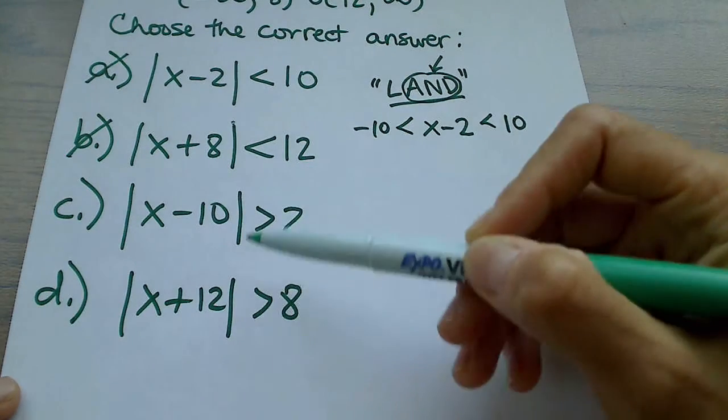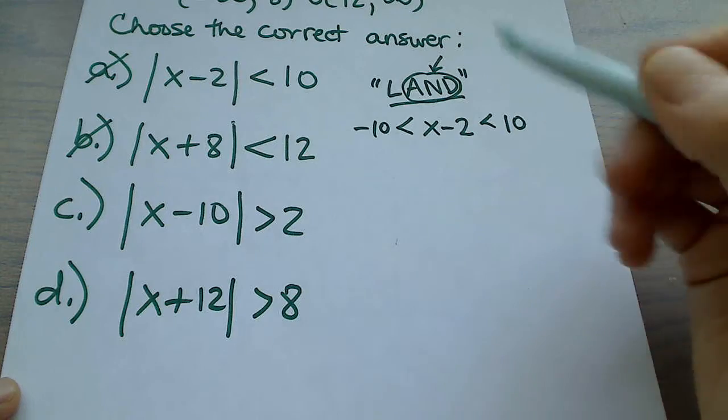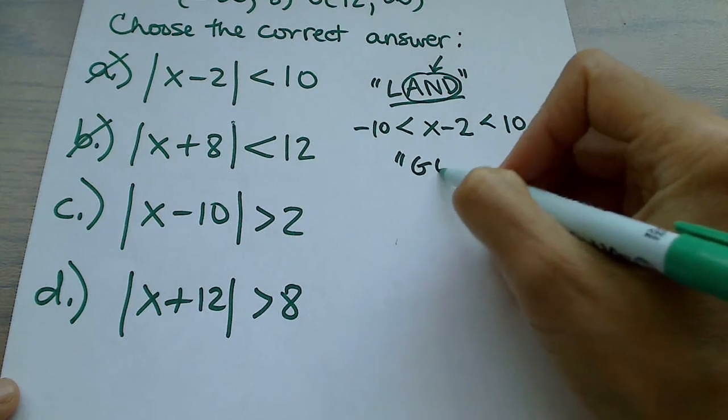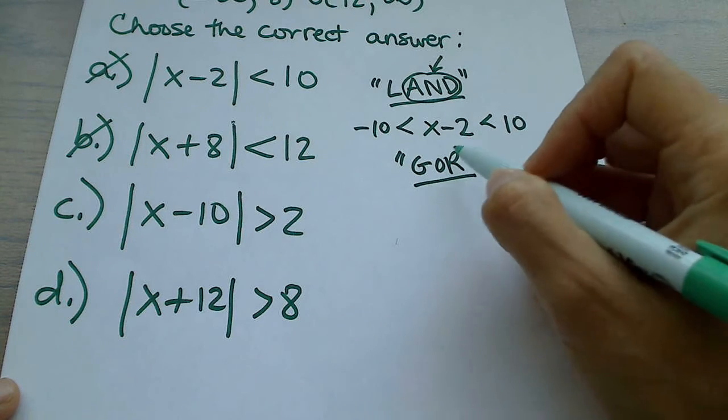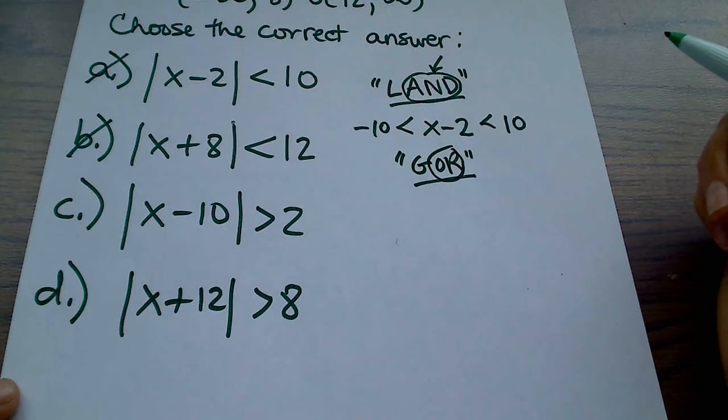So it's either going to be C or D because these are greater thans, and greater thans always use the acronym GOR. So greater thans are or statements.